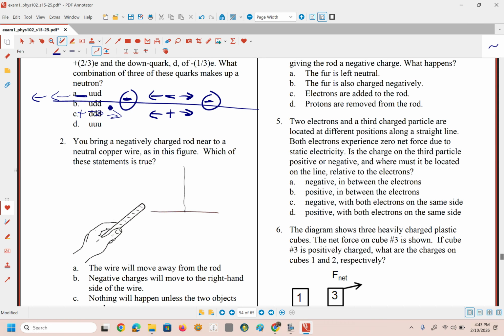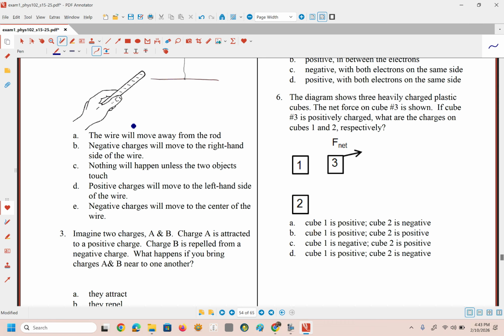Okay. And then 6. I have these 3 cubes, and I want to know what the charges are on them. And I tell you that cube number 3 is positively charged. I know that this one is positive. I know that because the resultant force is in that direction, I know that the 2 component forces are in that direction and that direction, right?